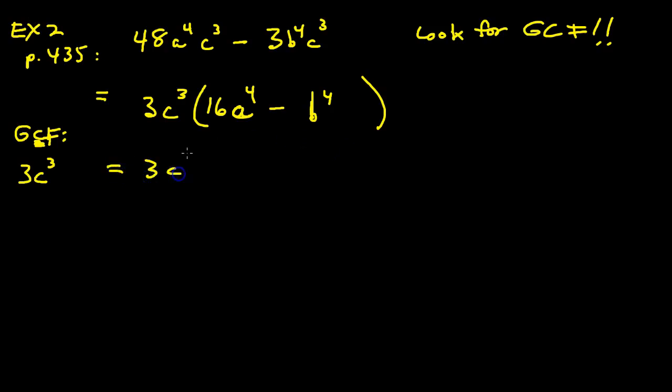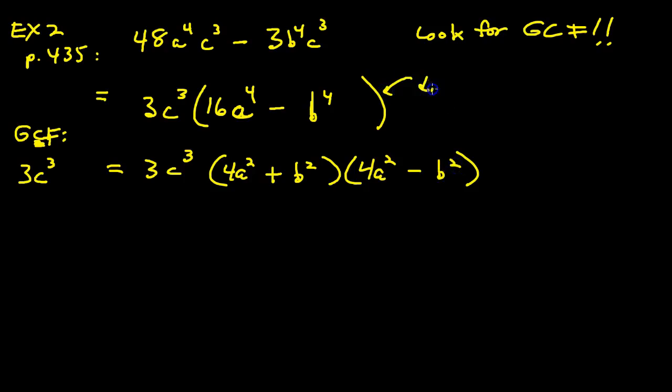Equals, I'll have 3c cubed. Difference of squares always factors in the form a plus b, a minus b, where a is really the square root of this expression here. So it's going to be 4a squared plus b squared times 4a squared minus b squared, working out my difference of squares pattern.